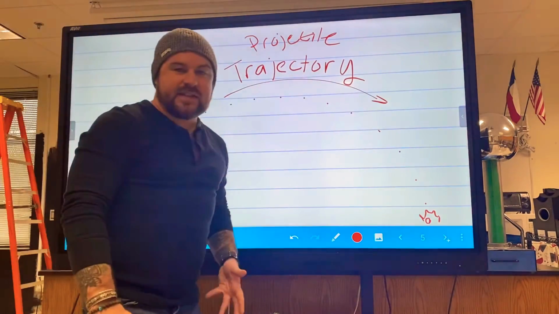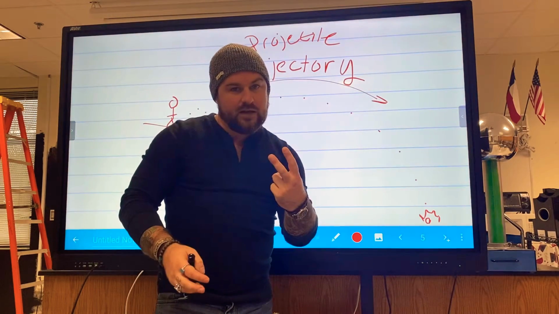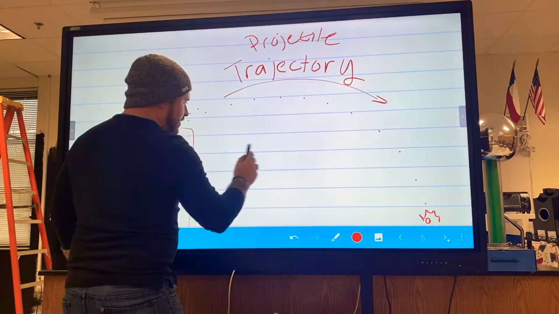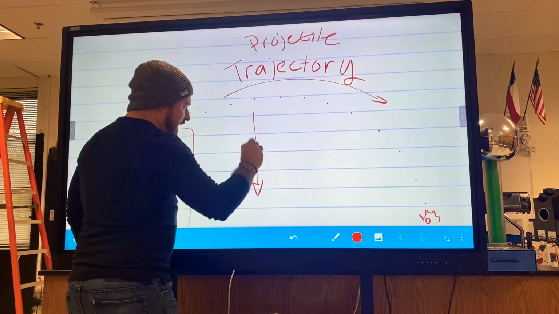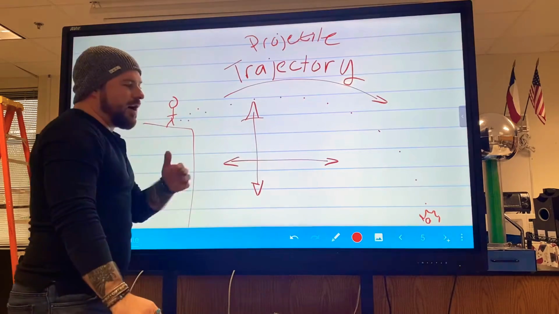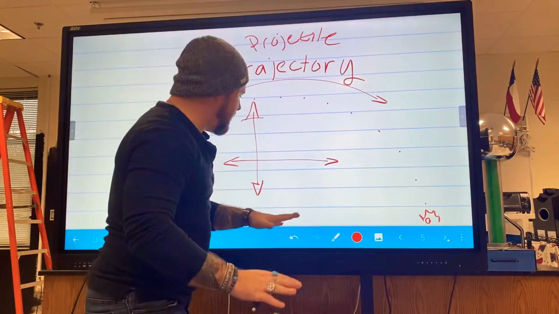So a couple things that I have to understand here, right? There are two things going on. This rock is moving up and down, and it's also moving left and right. Do you see that? So we have to talk about these completely separately, completely independently.